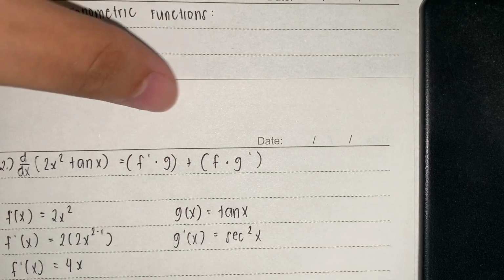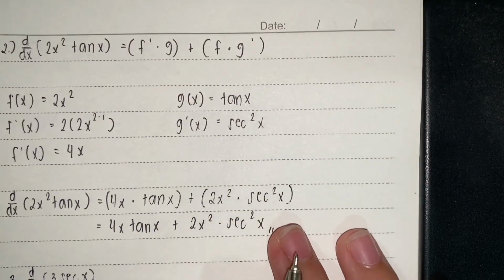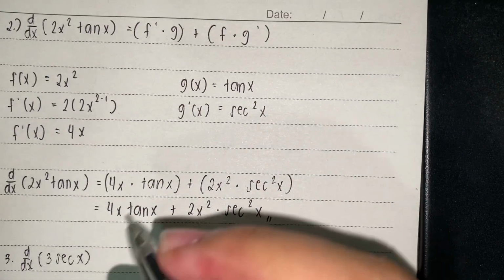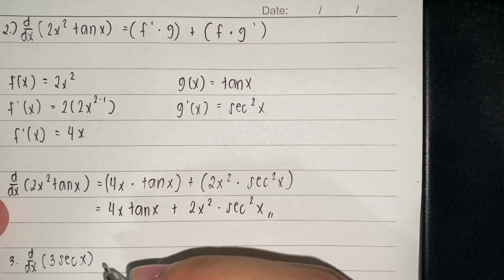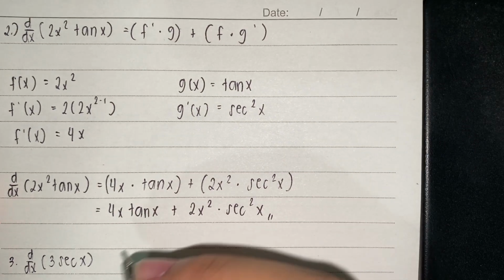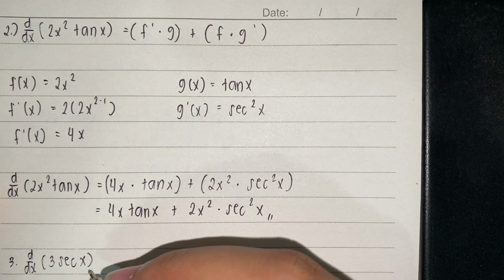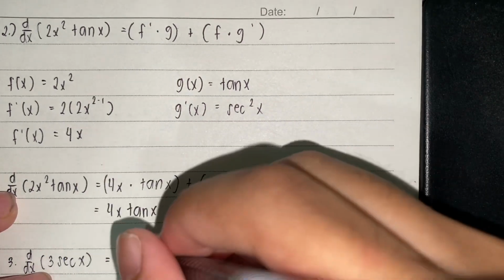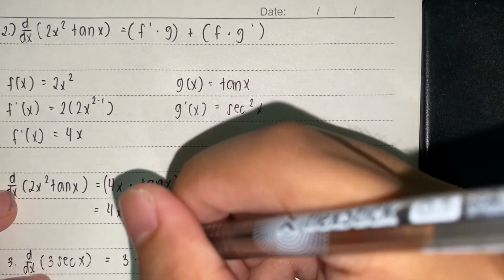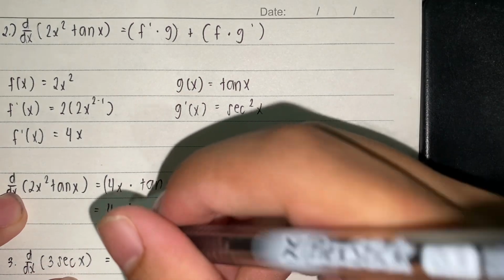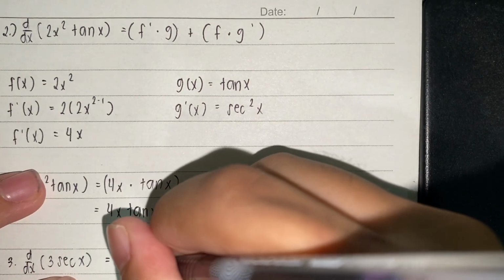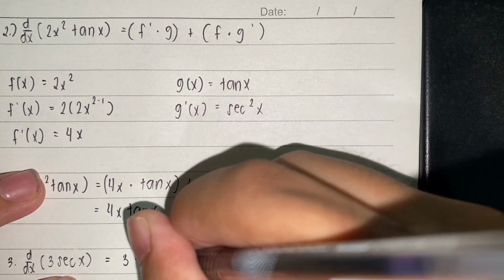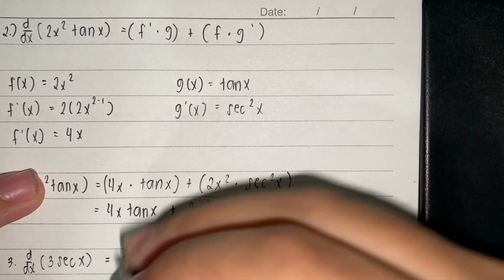How are we going to solve this? We're going to use the constant multiple rule. We separate the constant, which is 3, multiplied to the derivative of secant x.